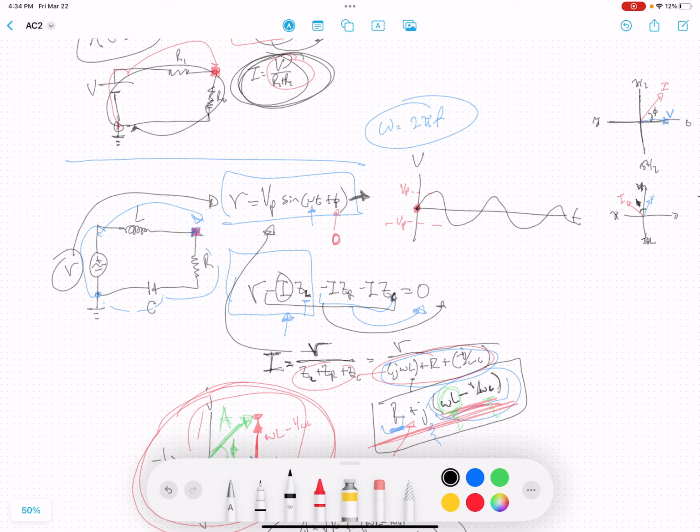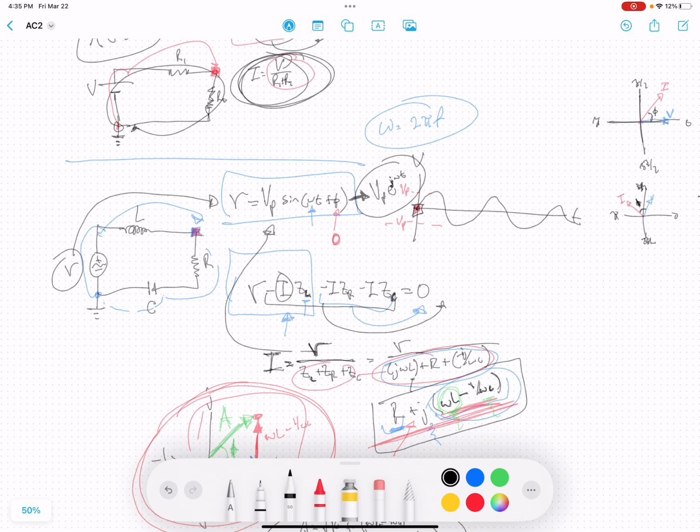Here, at this point in time, I can change this to VP e to the j, sorry, the imaginary piece, omega t. And that's the peak voltage with zero phase shift, right? Because I've started it here, so zero phase shifting at time zero.